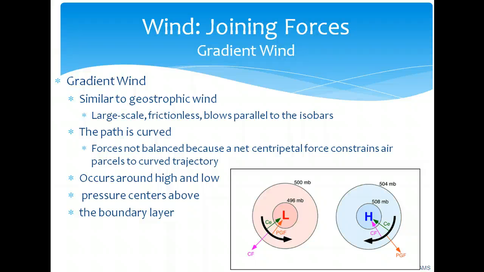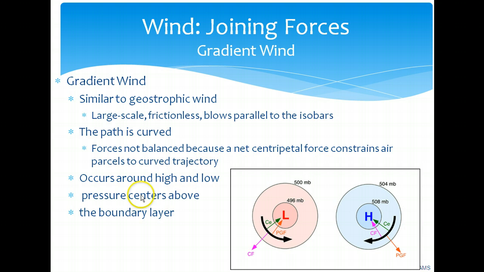Gradient winds develop at altitudes above the atmospheric boundary layer around a dome of high air pressure, that is, an anticyclone, or a low pressure called the cyclone.